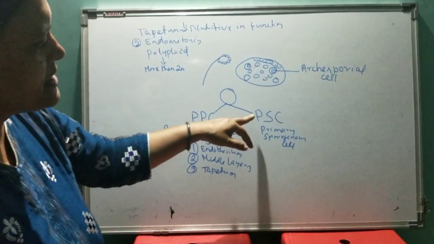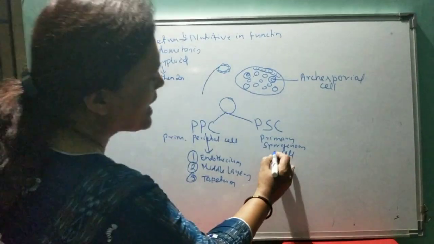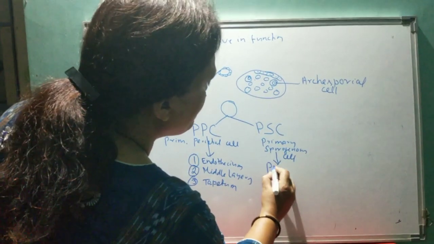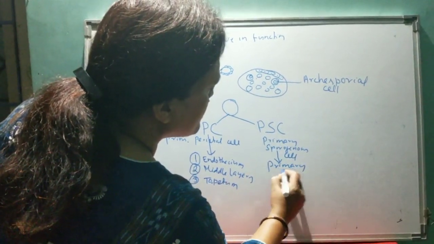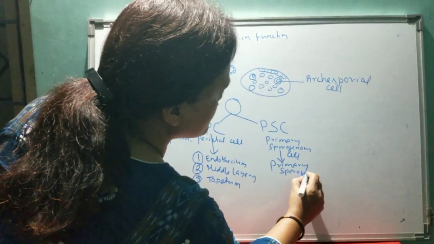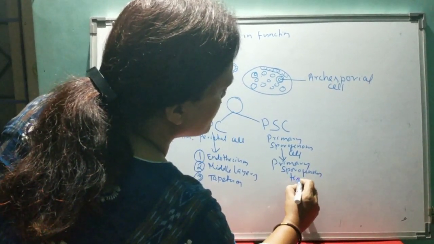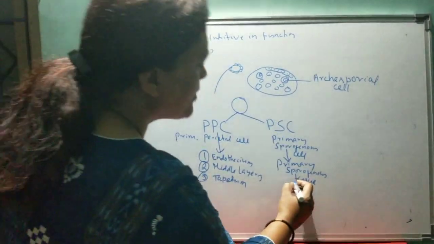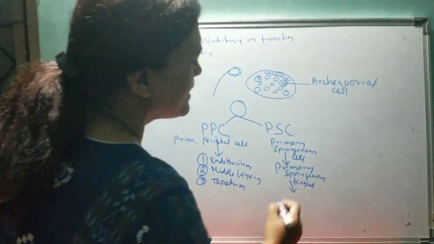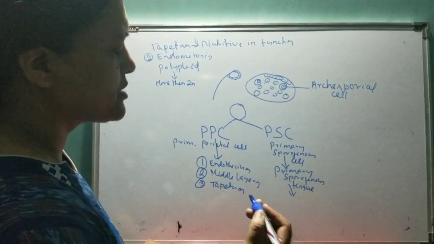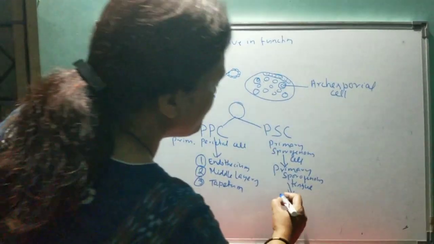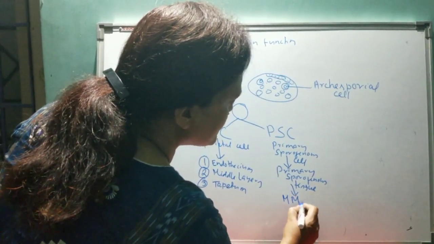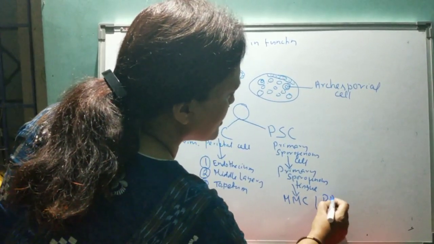Simultaneously, the primary sporogenous cell divides by mitosis, forming primary sporogenous tissue. This primary sporogenous tissue will modify, forming the microspore mother cell or pollen mother cell.